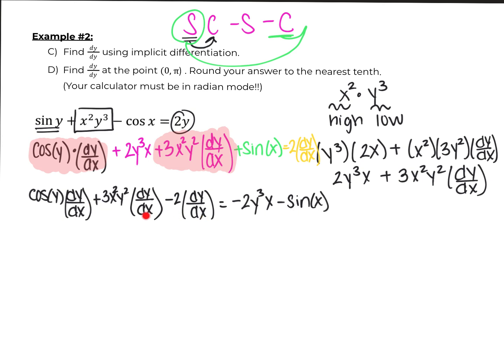Now all of my dy over dx's are on the same side, so I can take out that GCF of dy over dx. If I divide this term by dy over dx, I'm left with cosine of y. If I have this term divided by dy over dx, I have 3x squared y. And last but not least, if I have this term divided by dy over dx, I have minus 2.